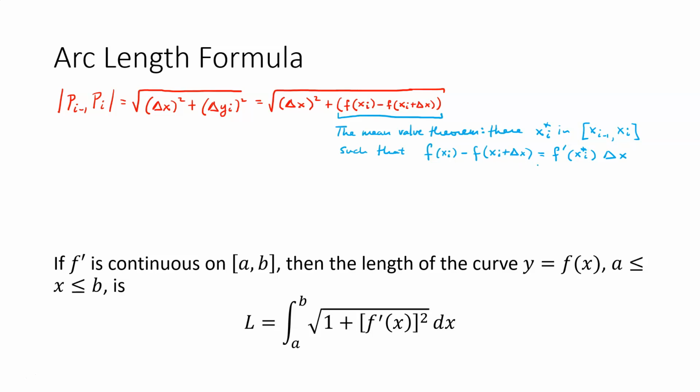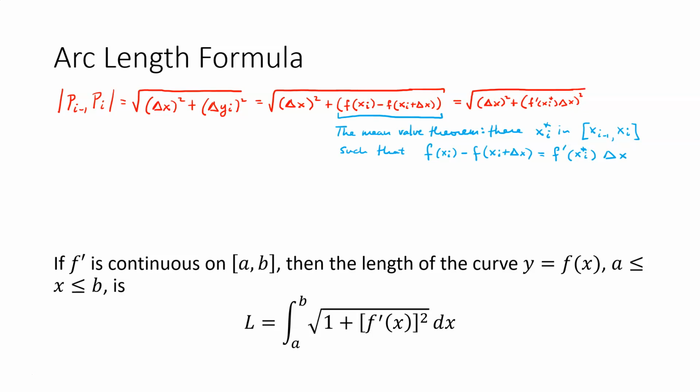So this is from the mean value theorem, and therefore we know that there is some x_i star such that this is equal to the square root of delta x squared plus f prime of x_i star times delta x squared.